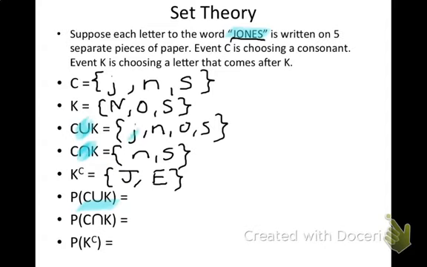You've got 1, 2, 3, and 4. So that will be our numerator, 4. And out of our total sample space, we have 5, Jones. So it's 4 out of 5 for the first one.